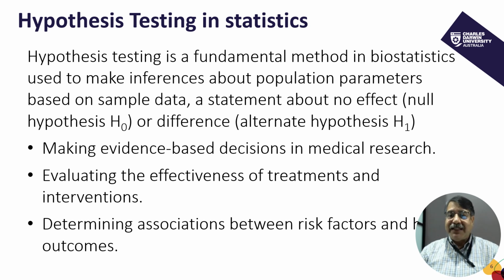So we are saying that there is no difference between the two types of treatments, and this sample is drawn from a population consistent with the null hypothesis. That means we are presuming that this null hypothesis exists in the parent population, the big population to which we tend to compare.